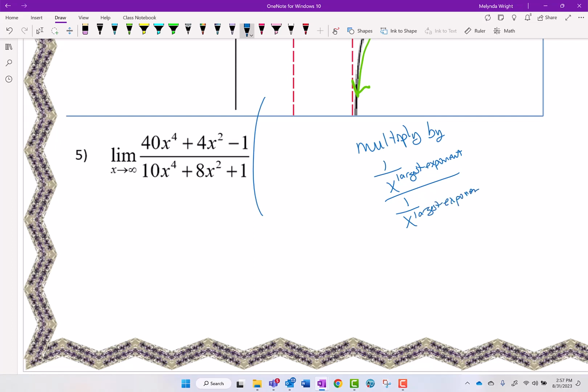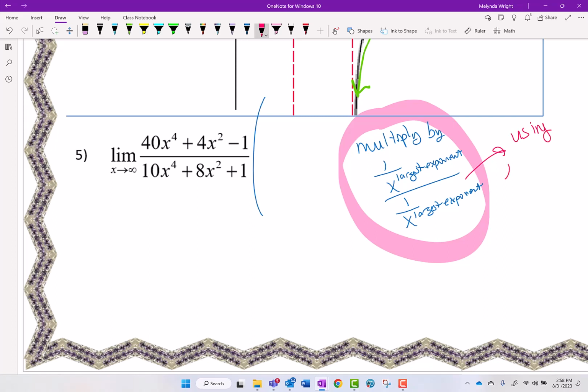That's the technique. And in doing this, we're going to be using the limit as x goes to plus or minus infinity of 1 over x is 0. That's why we're doing this technique, because we're going to use that limit, which we just said is a really big deal, because it is.